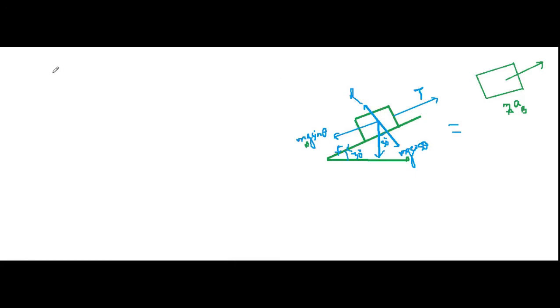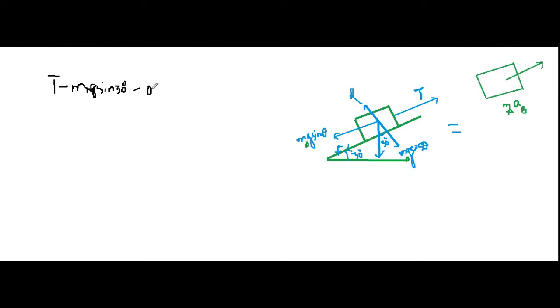So this is the free body diagram of block A. From the drawn free body diagram, what we can write is T minus mA g sin theta, where theta is 30 degrees, isn't it? Minus F, the friction force. The friction force is mu times the normal reaction.